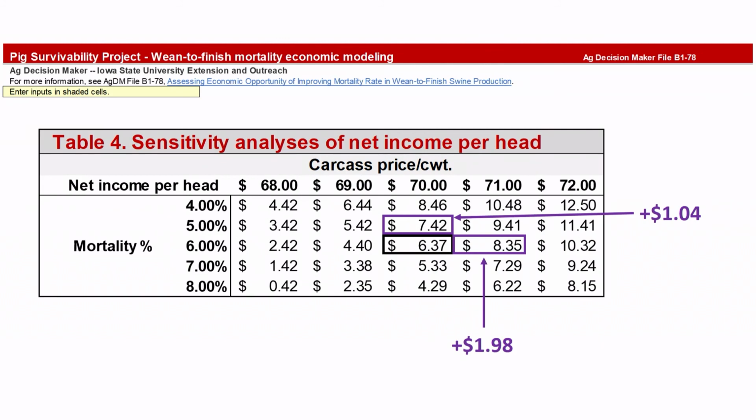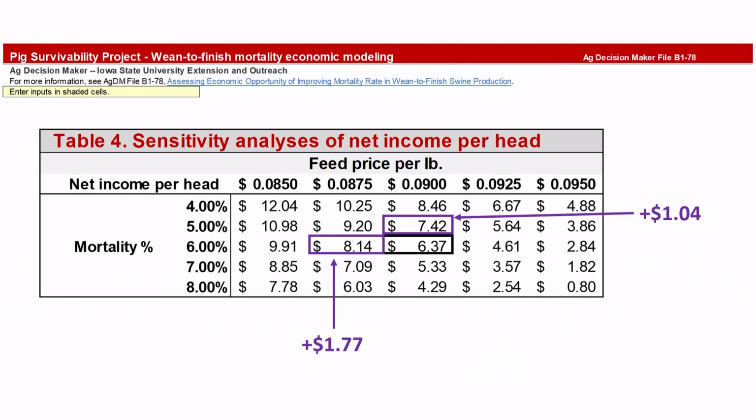Now, if I reduce mortality and increase hog value, my biggest bang for my buck then, you can think about 2014 or 2021, is that's when I'm gonna really need to focus on health or saving those additional pigs.